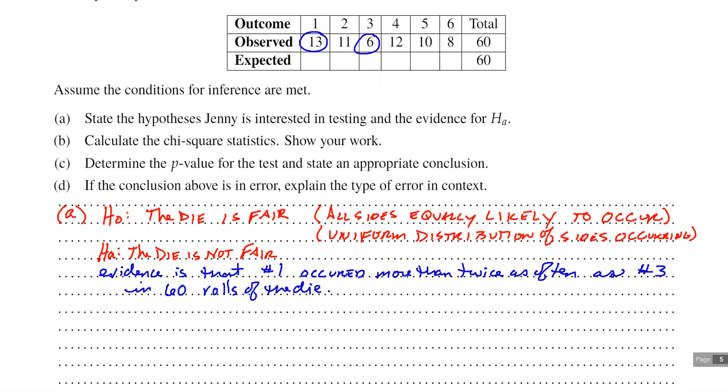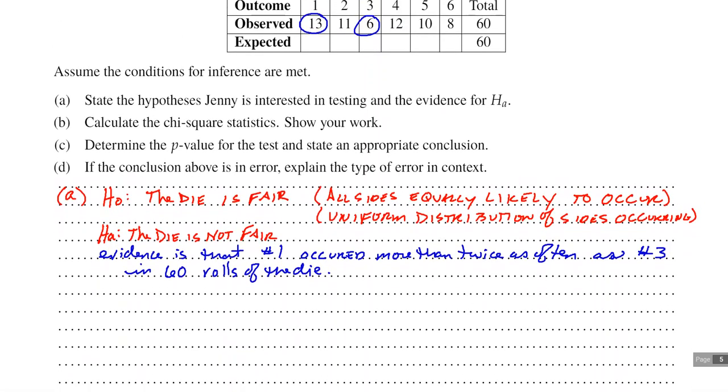Now we want to calculate the chi-square statistic. In order to calculate it, our chi-squared is going to be a summation of my observed minus my expected, squared, all over my expected.